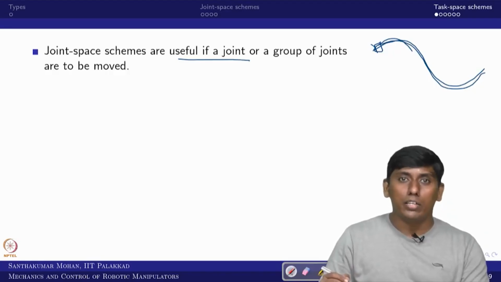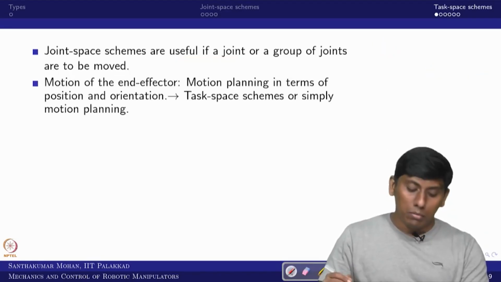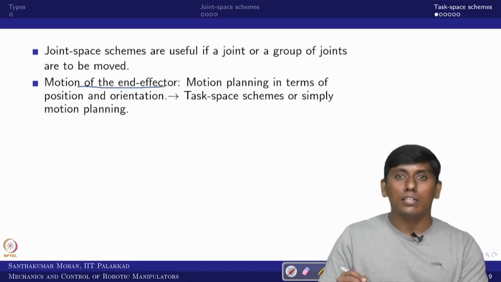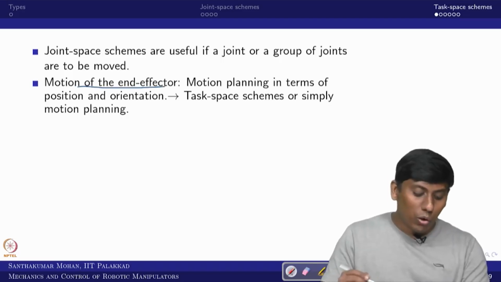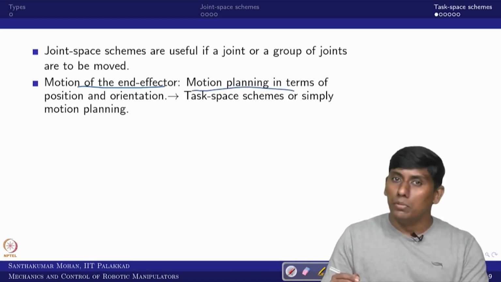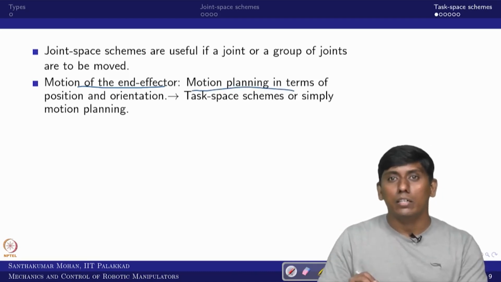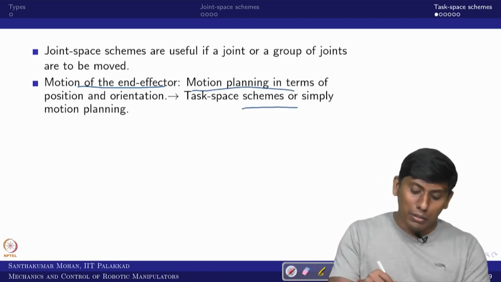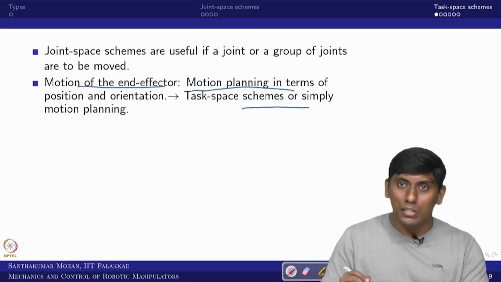For that we come back to end effector trajectory generation, which is nothing but the motion of the end effector, the motion planning in terms of position and orientation of the end effector. So we are trying to use a task space scheme.